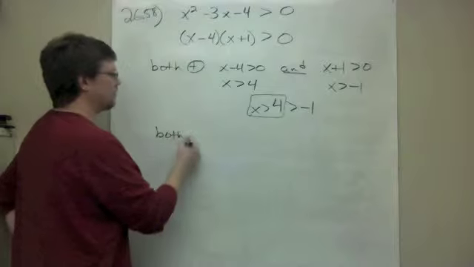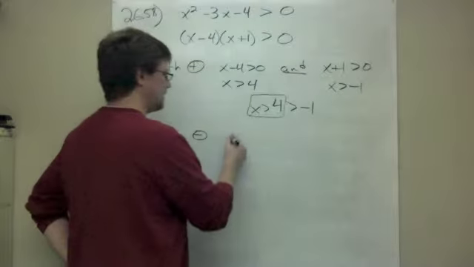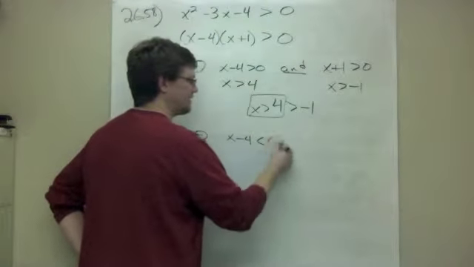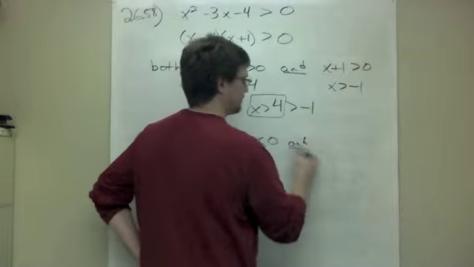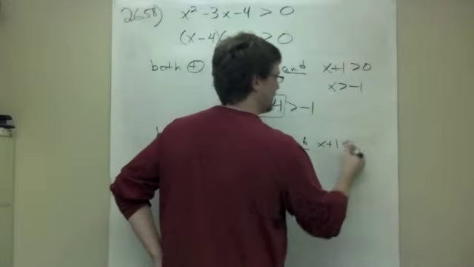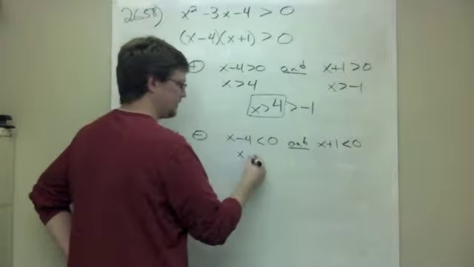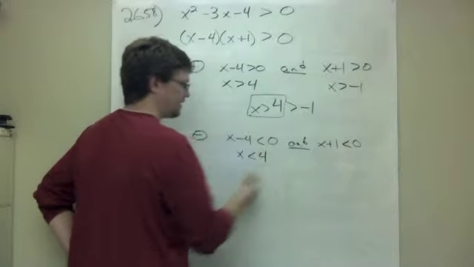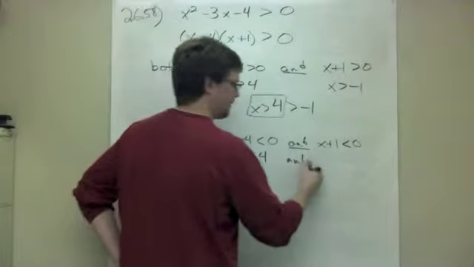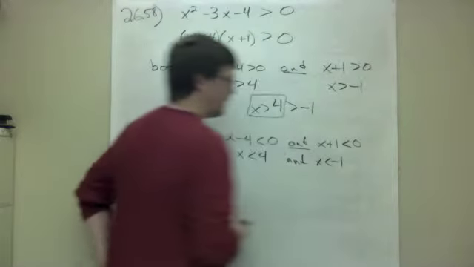If they're both negative, then x minus 4 is less than 0, and x plus 1 is less than 0. We can add 4 to both sides: x is less than 4, and x is less than negative 1.